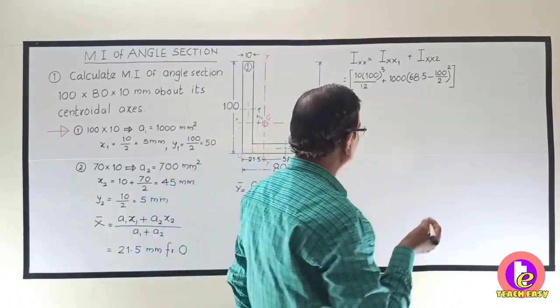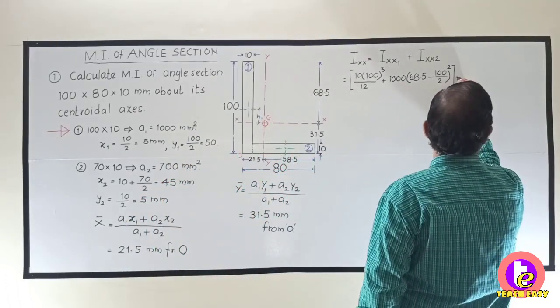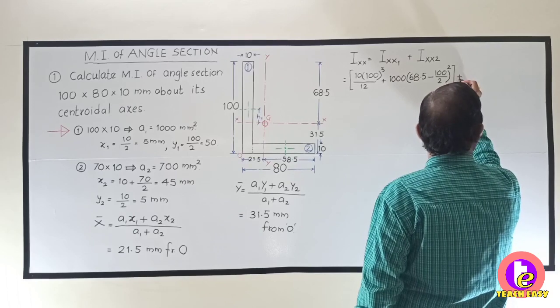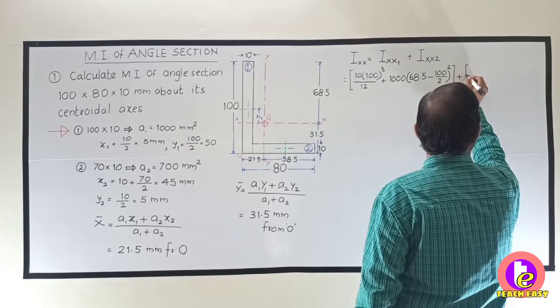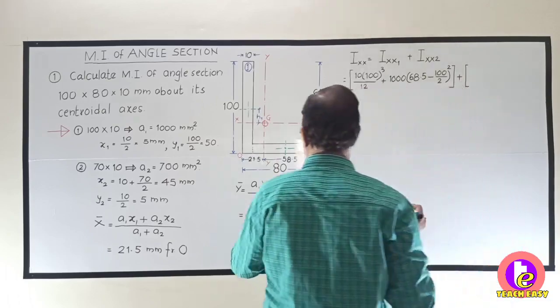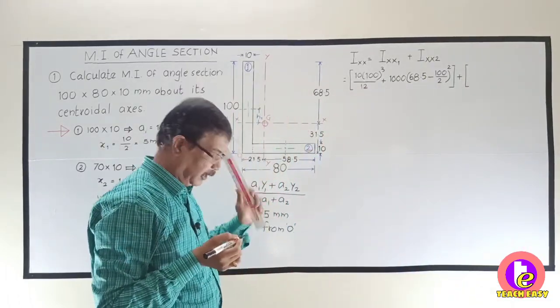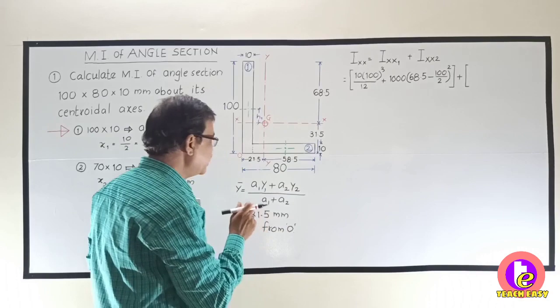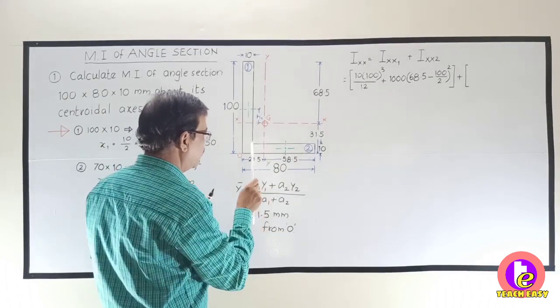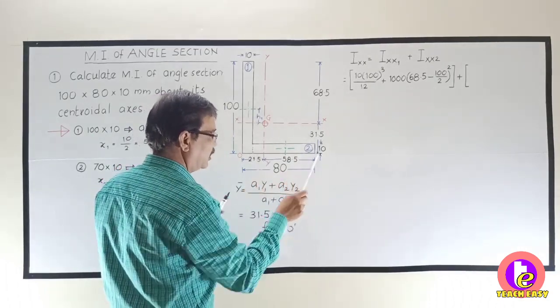Okay. Now the moment of inertia of the second rectangle about the x-axis. So this is the second part. First, its own moment of inertia, bd cube by 12. What is b? b is 70. What is d? 10.